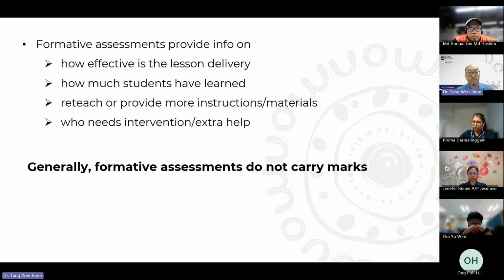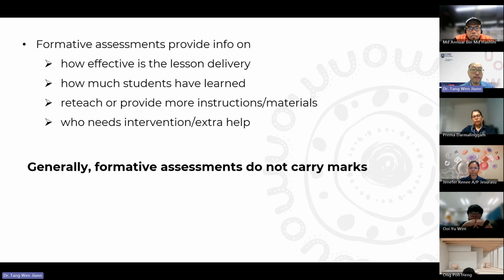If we ask them to summarize or we give them one case study, from there we can tell if they missed out some points. And from there, we know whether or not we need to reteach or provide more examples or materials for them to study on their own. So these are three important reasons why we need to have formative assessment.